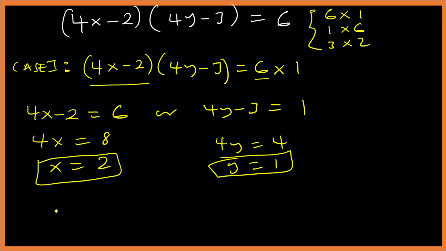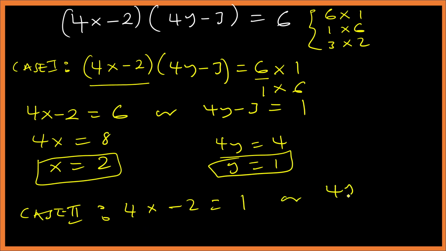Now let's go to case 2. Now with the second case, the second case will be 1 times 6. So it will be 4x minus 2 equals 1, or 4y minus 3 equals 6. So this side will be 4y equals 9.